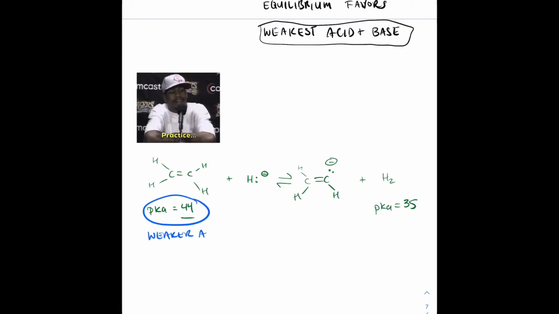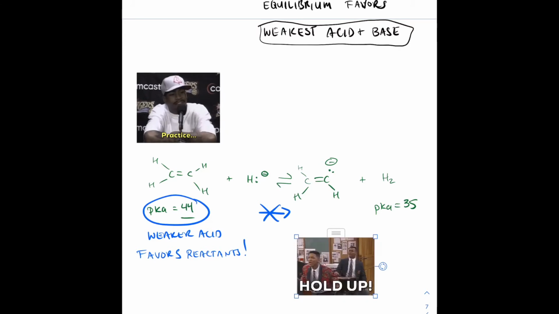That means that pKa 44, being larger, is the weaker acid. And so the weakest acid and the base are favored. Since we have the weakest acid on the left side, the reaction does not move forward and it favors the reactants. In other words, we cannot move forward.